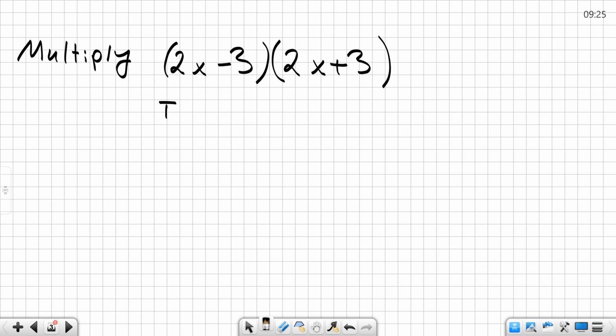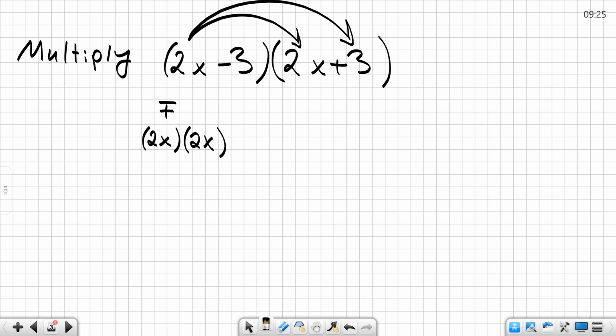That means the product of the first, these two, would be 2x times 2x. The product of the outer, what do I get here? That would be 2x times 3.